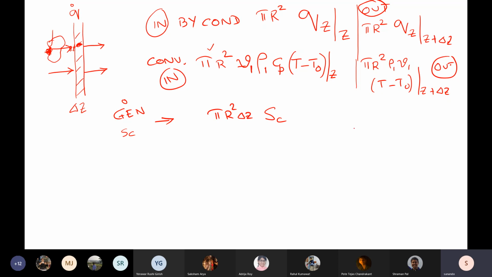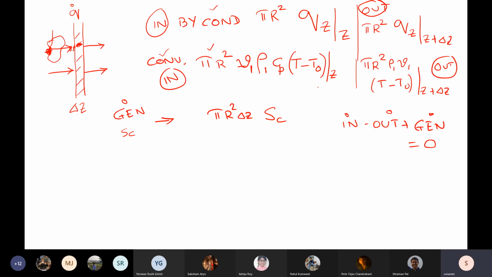And now what we have is rate in minus out plus generation. These are at steady state, so they are going to be equal to 0. So the algebraic sum of in minus out for conduction, for convection, and the generation would be equal to 0.